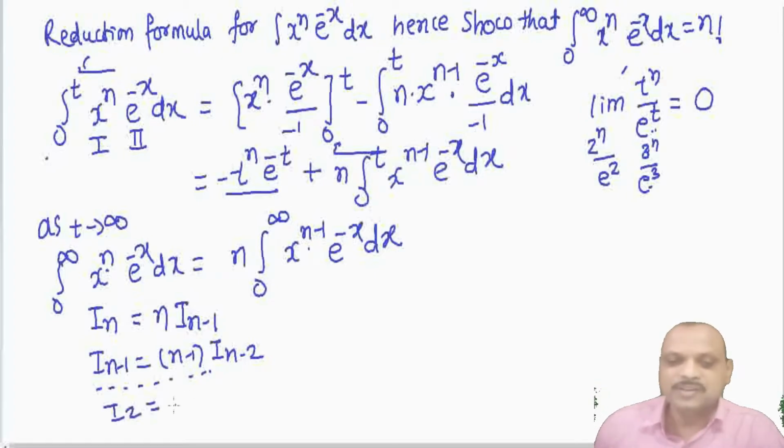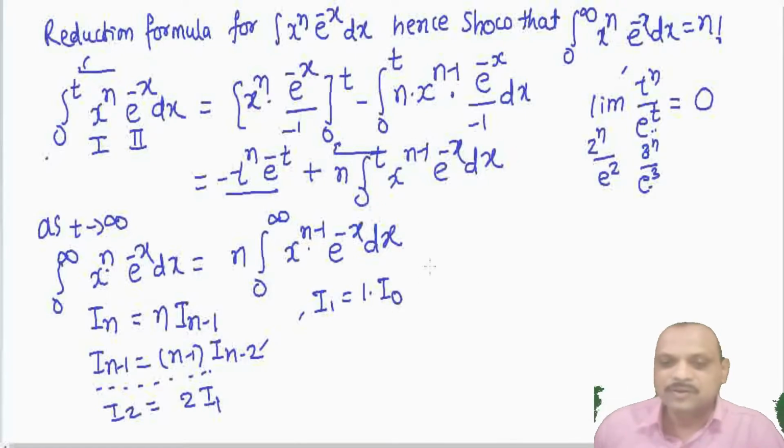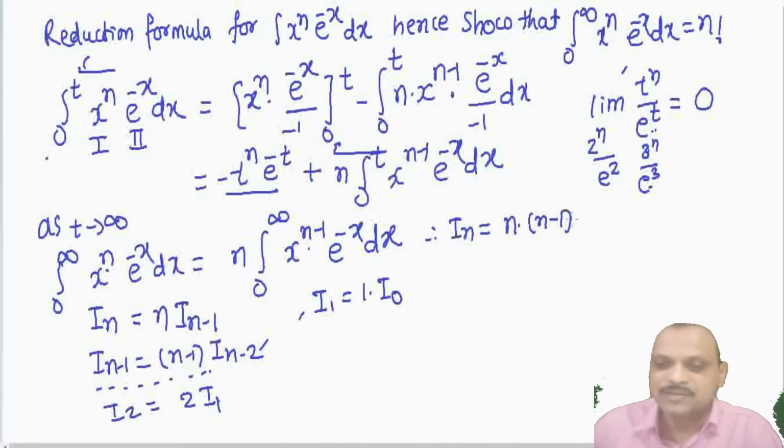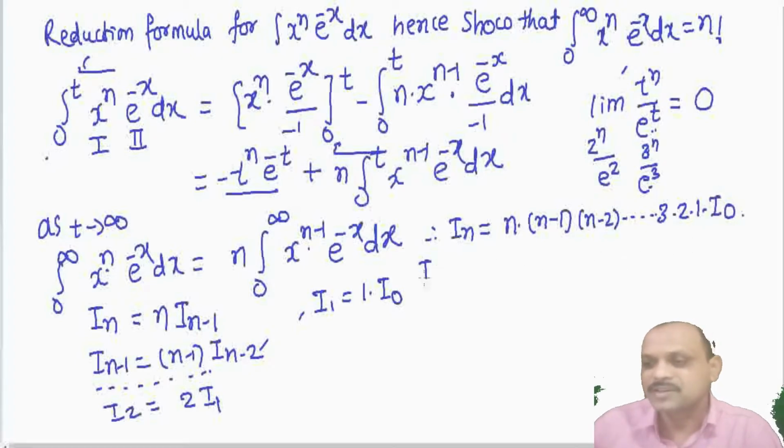Continuing this process, I2 equal to 2 into I1 and I1 is equal to 1 into I0. Therefore, what we get here, I n equal to n into I n minus 1, n minus 1 into I n minus 2, like this, 3 into 2 into 1 into I0.